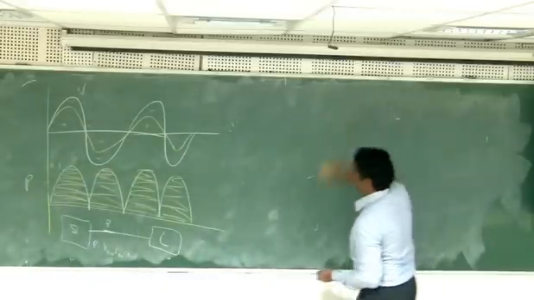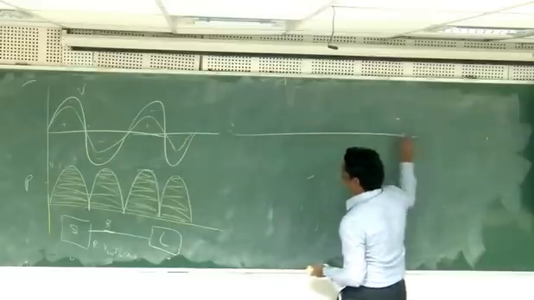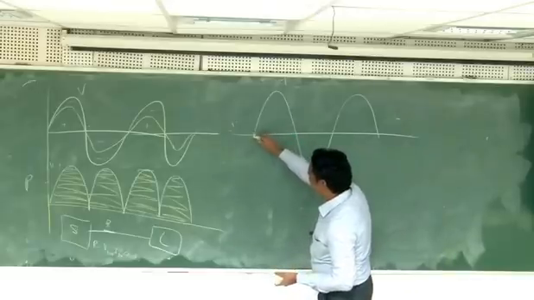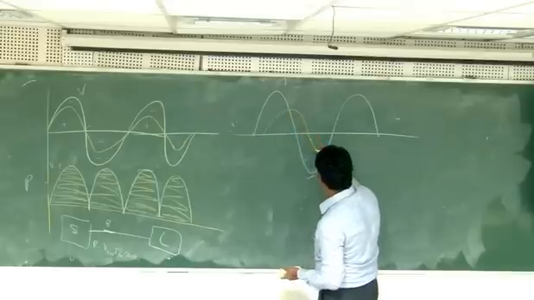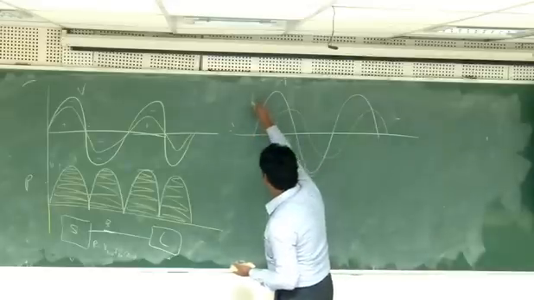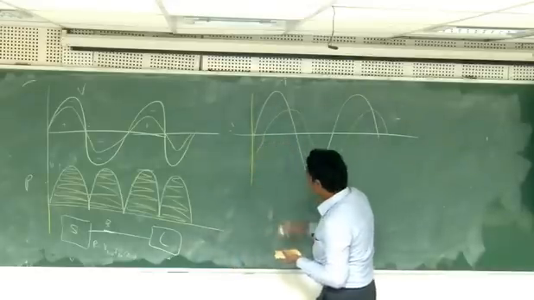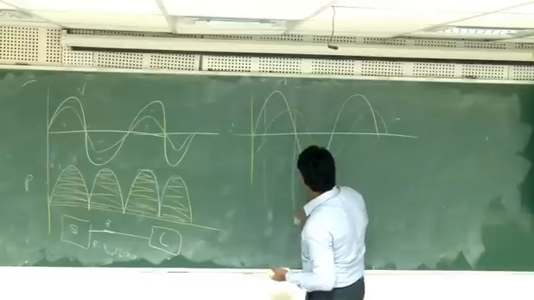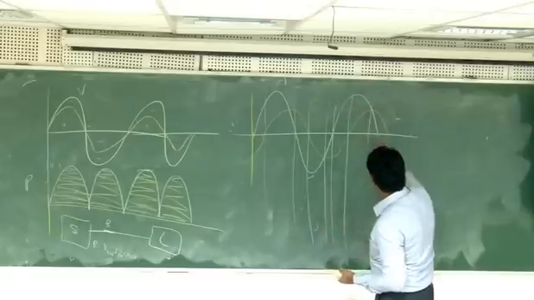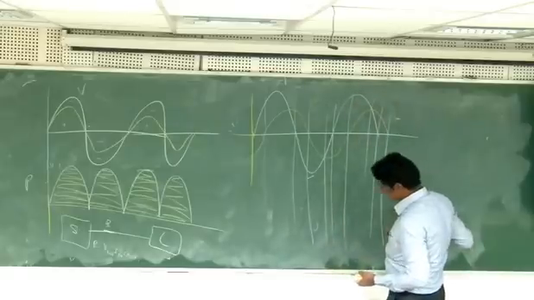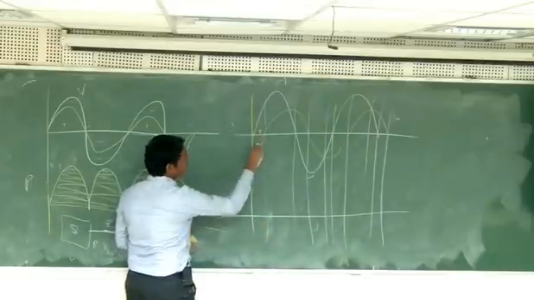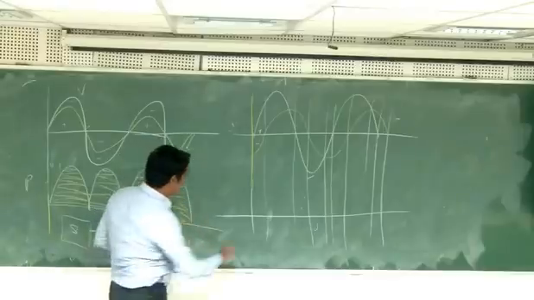Now I think you get the picture. So you have this, this is V, and this is I. So I is lagging. That means I will start after some time, something like this. Then I'll draw some vertical lines. In this region, voltage is positive, current is negative, so you will get a negative product like this.